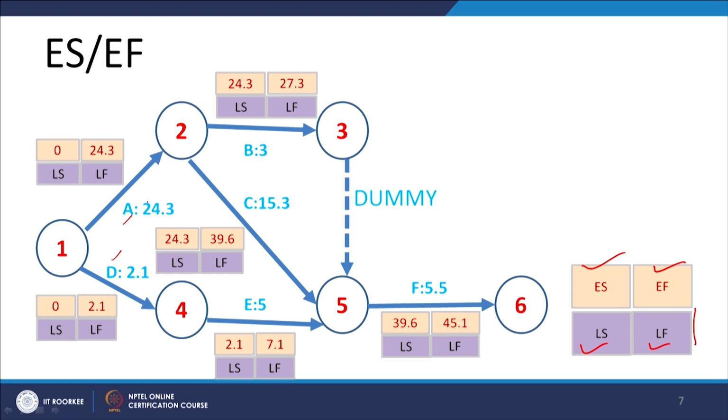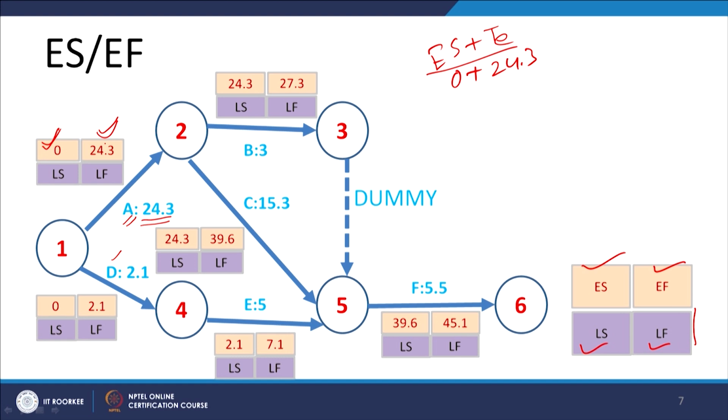Since activity A has no precedence requirement, it can be started immediately, so the earliest start time is 0, there is no waiting. Since the expected time to complete this activity is 24.3, the earliest finish time is the earliest start plus the expected time, so 0 plus 24.3, that is 24.3.